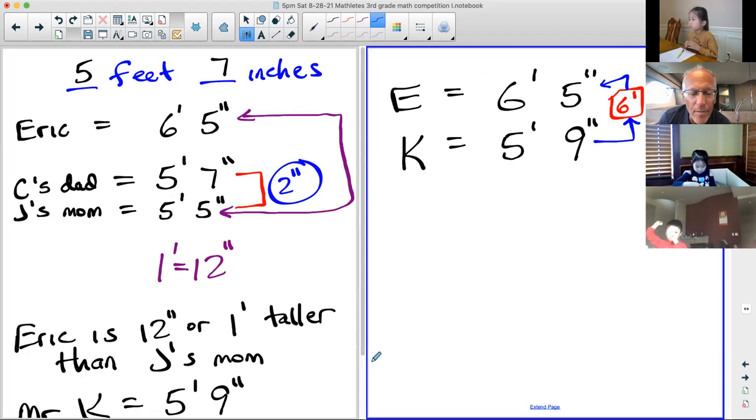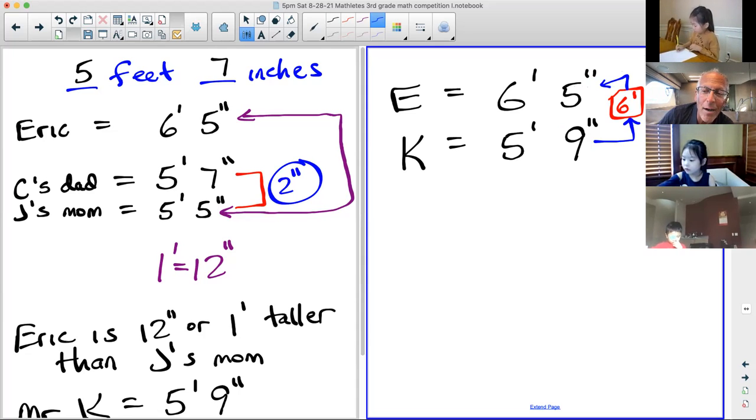Jason, what do you think? 3 inches. Everybody write this down. And then, Catherine, how many inches is it from 6 feet up to 6 feet 5 inches? How many more inches? 5. That's right.